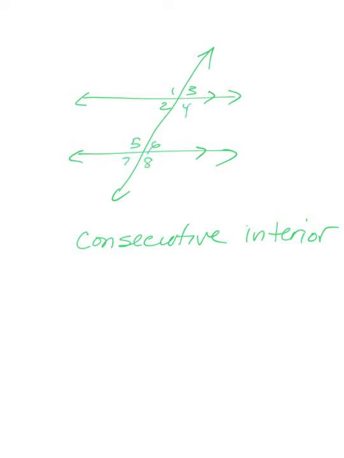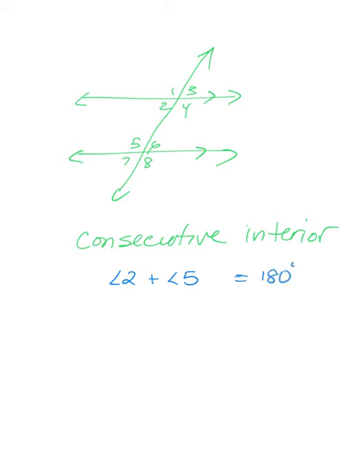The consecutive interior, first of all, would be on the inside and on the same side of the transversal. So who's on the same side of the transversal on the inside of the two parallel lines with number 2? The 5. So in this case, those two are consecutive interior, and they add up to 180.